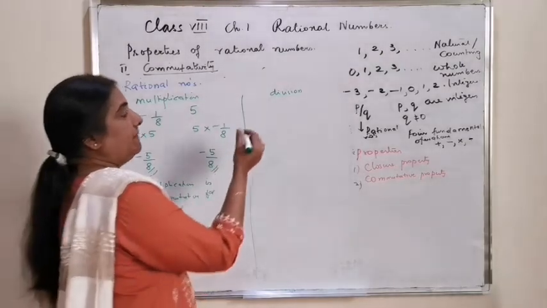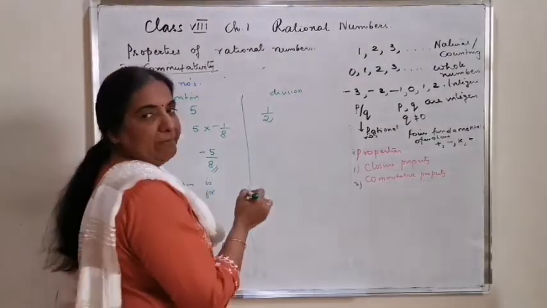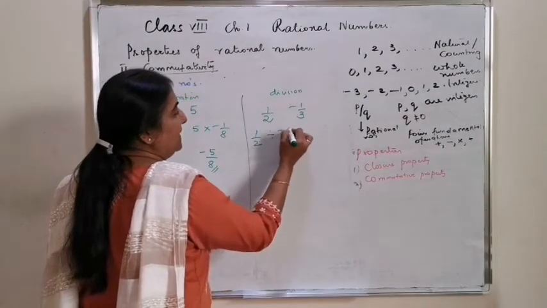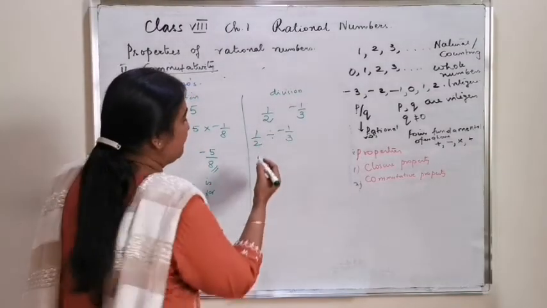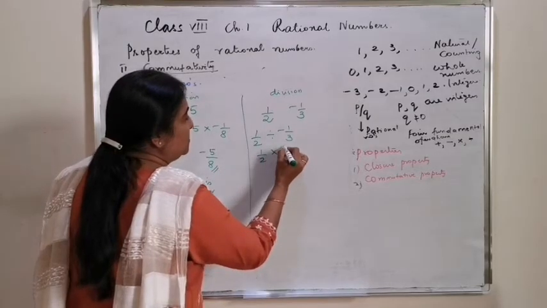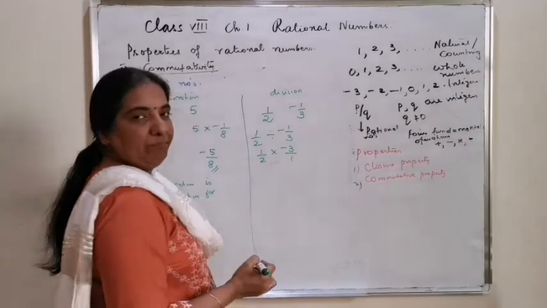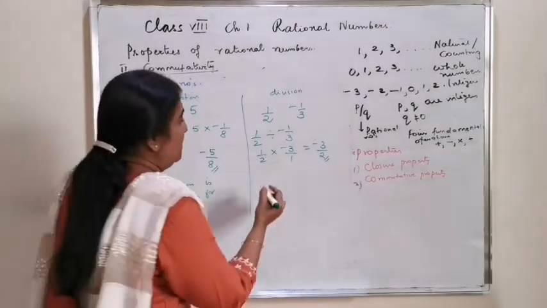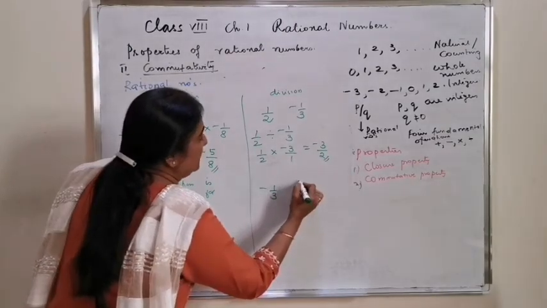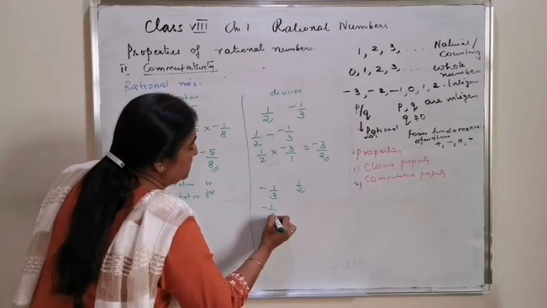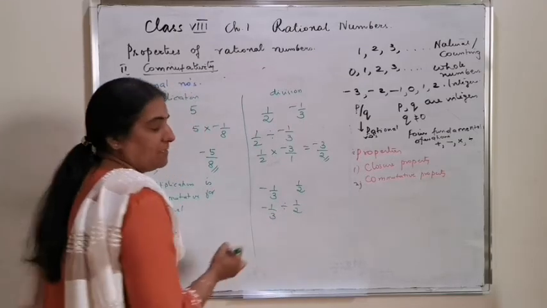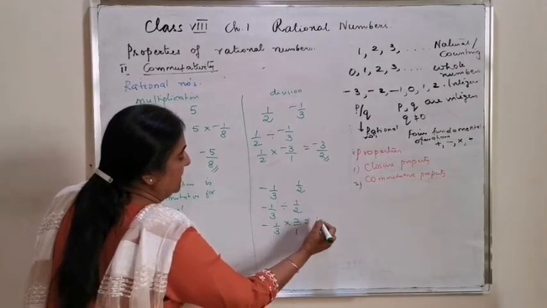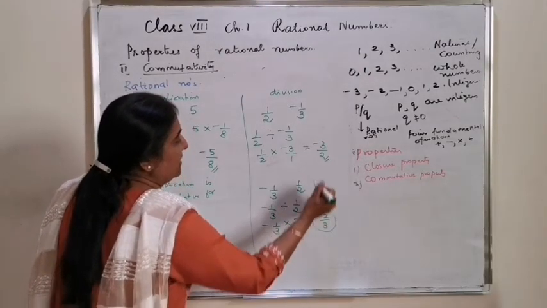What about division? Let's take the numbers 1 by 2 and minus 1 by 3. 1 by 2 divided by minus 1 by 3 is 1 by 2 into minus 3 by 1, or minus 3 by 2. Now minus 1 by 3 divided by 1 by 2 is minus 1 by 3 into 2 by 1, which is minus 2 by 3.